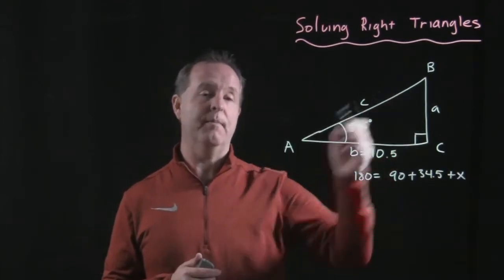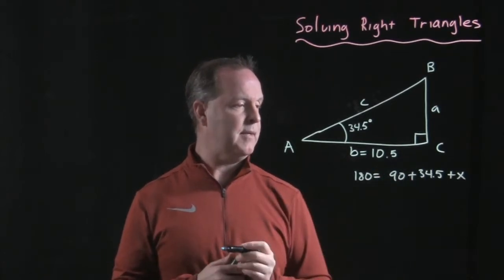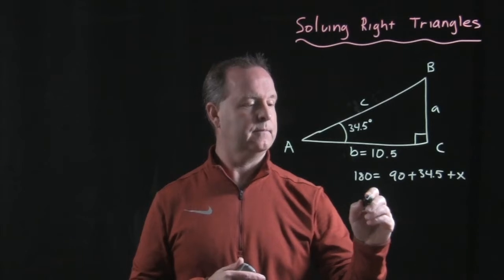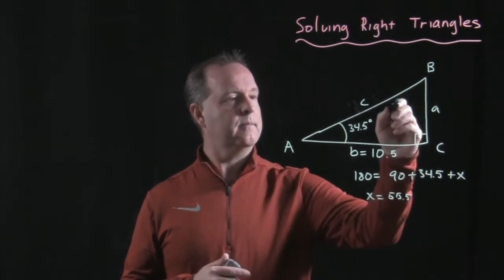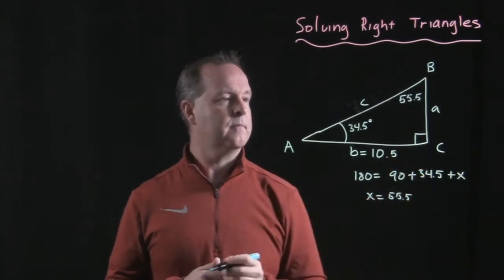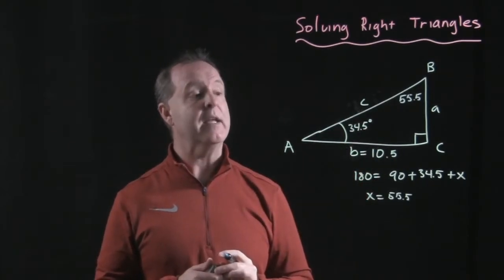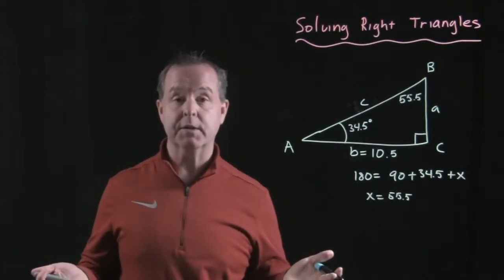And that's this value up there that I don't know yet. So if I were to find that out, it would have to be 55.5. And just to check, 34.5 plus 55.5 equals 90 degrees. 90 and 90 equal 180. So we're off to a good start.